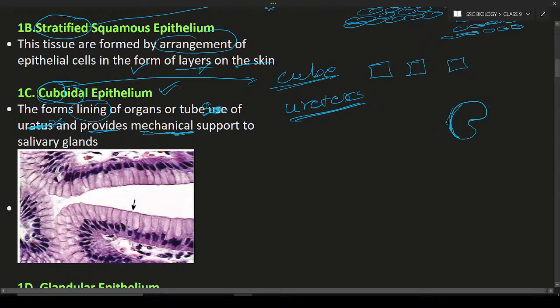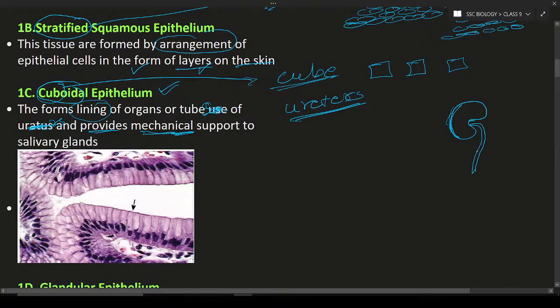You can see this around the organs, whether it may be the kidney or some other organ. Again, these cuboidal epithelial cells are present in the lining of the tubes of the ureters. What is meant by ureter? From the kidney you will see a small tube coming out, and that small tube is known as the ureter.